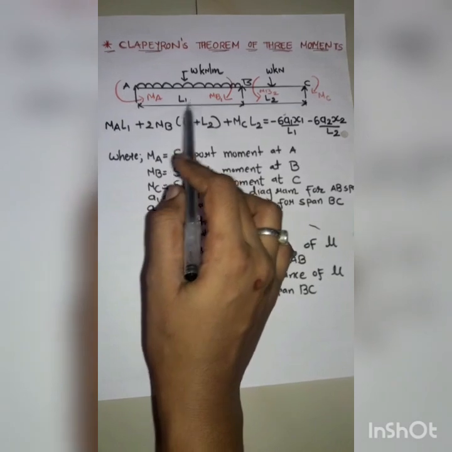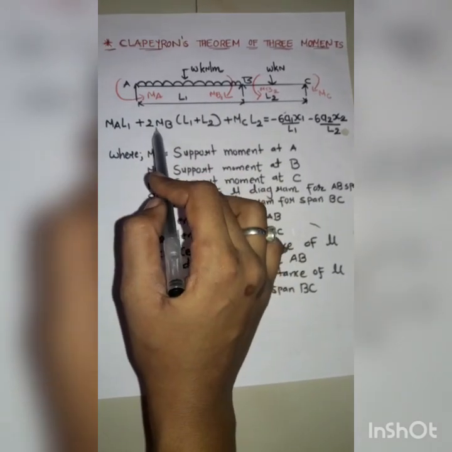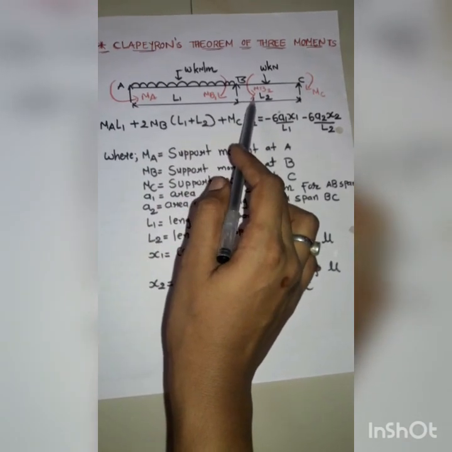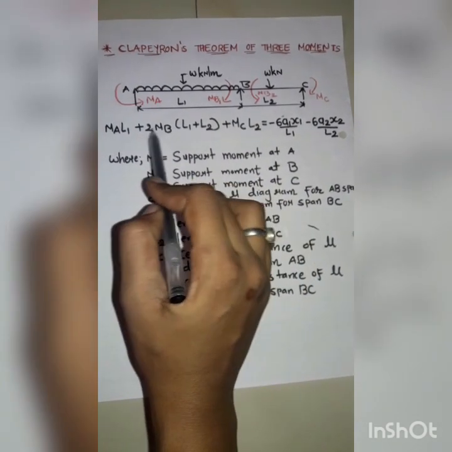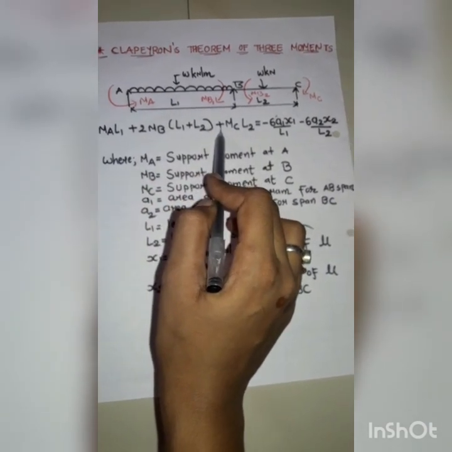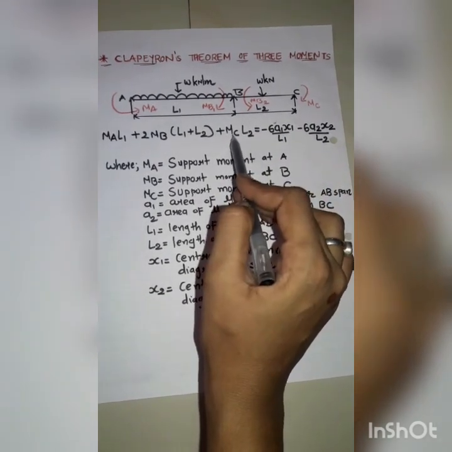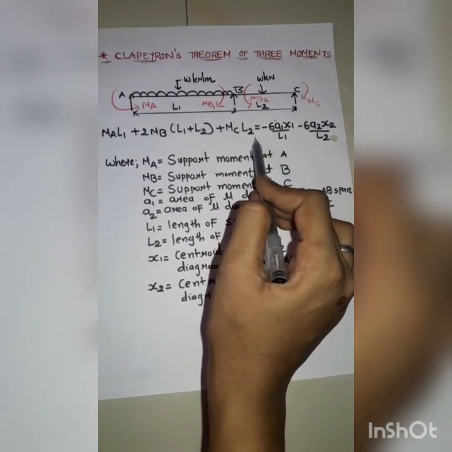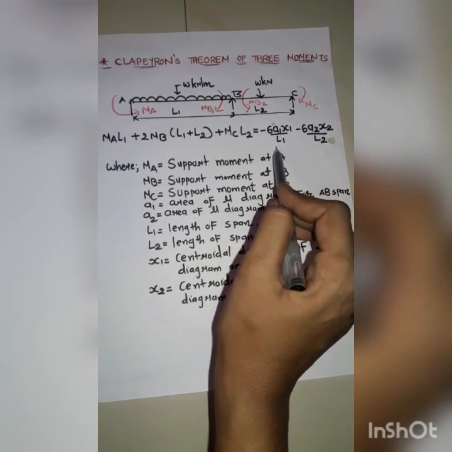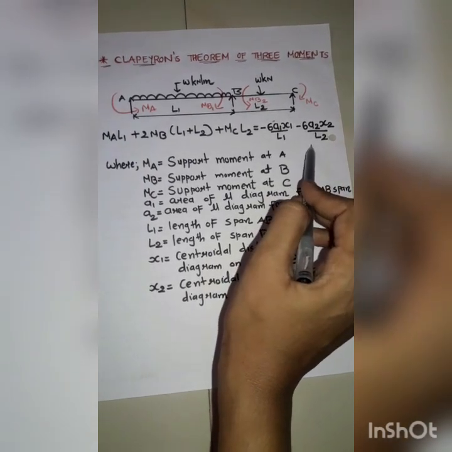Here MB is multiplied by 2, MB1 plus MB2. Then plus MC into L2 is equal to minus 6A1 X1 divided by L1 minus 6A2 X2 divided by L2.